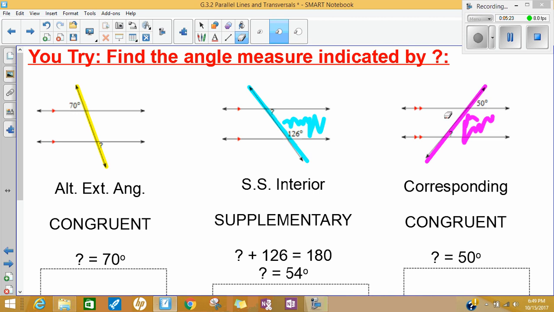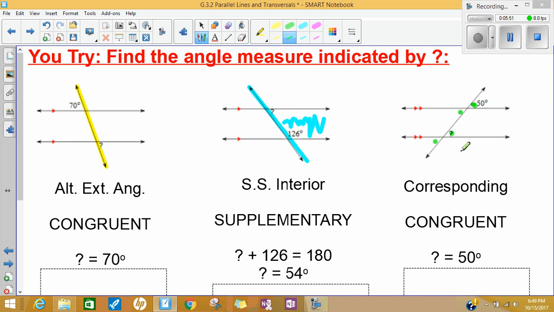So real quick, just to recap, I want to point something out here. When the lines are parallel and we have a transversal, it should be a little bit easy to see which ones are the same size. This is one of those situations in geometry where if they look like they're the same size, that's probably because they are. So I have four angles, 50, the question mark, and these two that would be vertical from them.